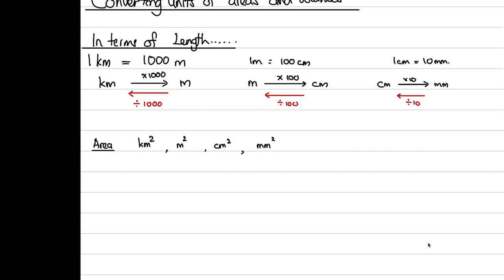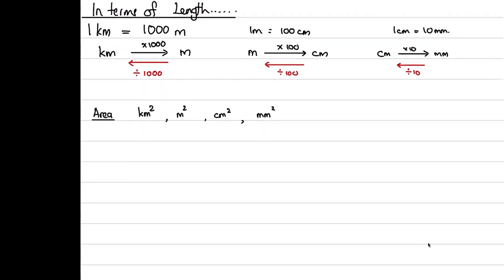But what if we want to convert from one to another? For instance, if I tell you I have an area that is 1 square kilometer, how many square meters is it? Is it 1,000? Is it 10,000? Or is it 100,000? Or is it 1 million?